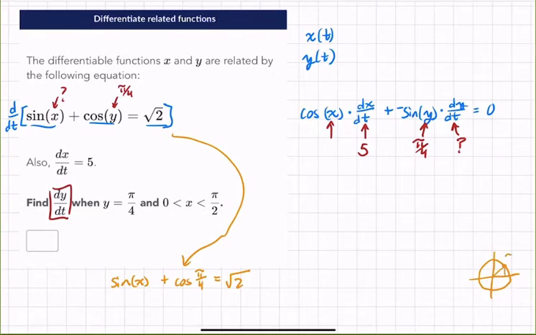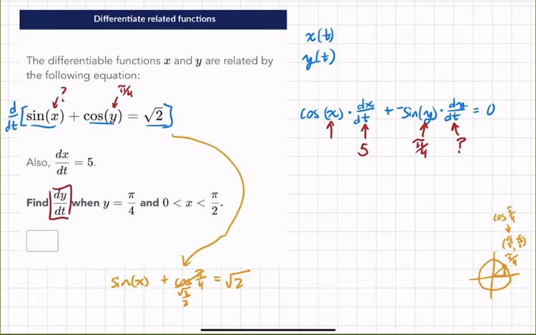What are the coordinates right there? If you remember that, it's rad 2 over 2 and rad 2 over 2. That's the vertical height and the horizontal distance of that point. This guy right here is the cosine. So this is cosine of pi over 4. So instead of writing that, we're going to write rad 2 over 2.